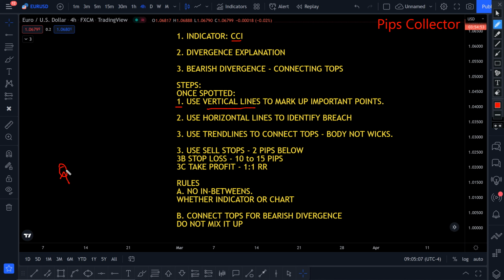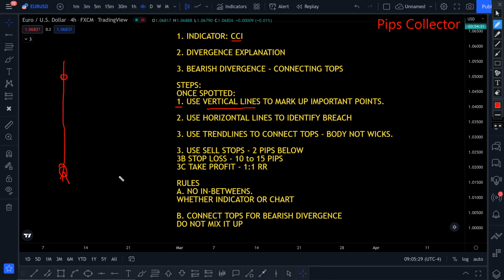Don't forget we are connecting tops on both the chart and the indicator. So once you notice a peak on the indicator, you put your vertical line to correspond to any candle it runs through on the chart. Once you've done that, we have gotten the primary point.